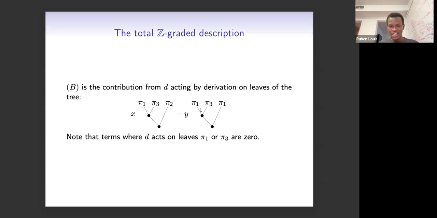Once we have them, we use this very recursive formula, and then we can determine very explicitly this extension. And here, these are the terms where D acts on the leaves. I wanted to give these two terms just to show you how it works.